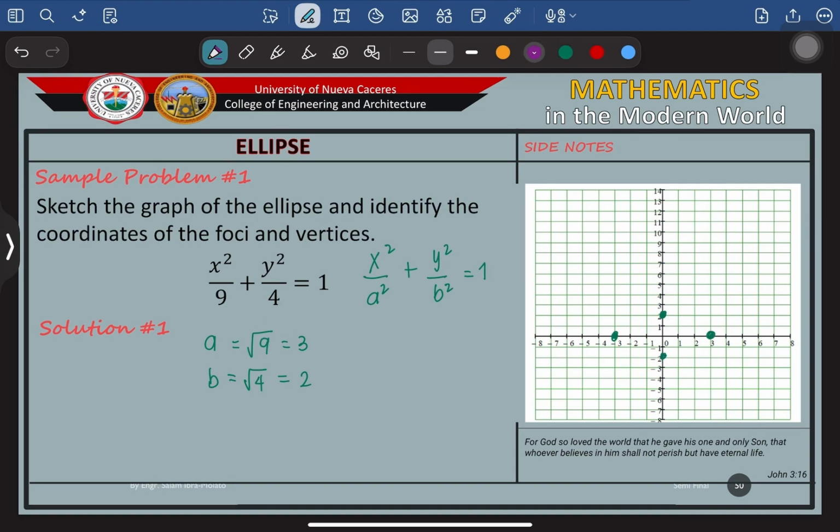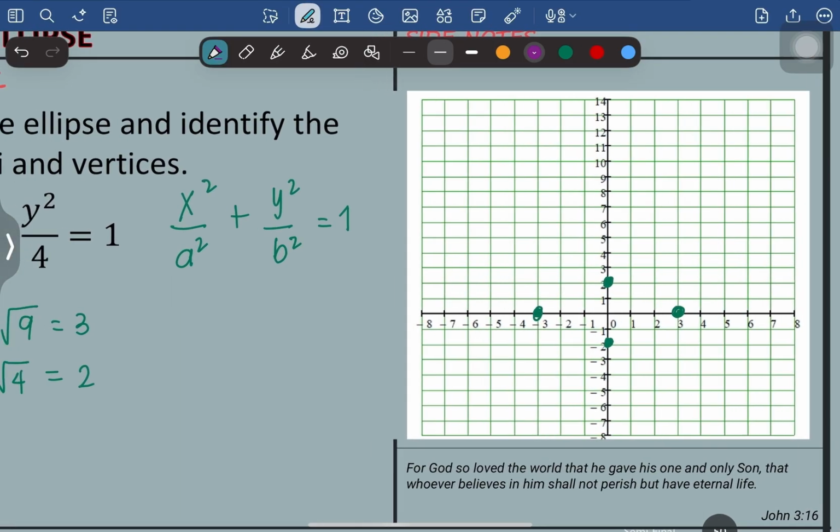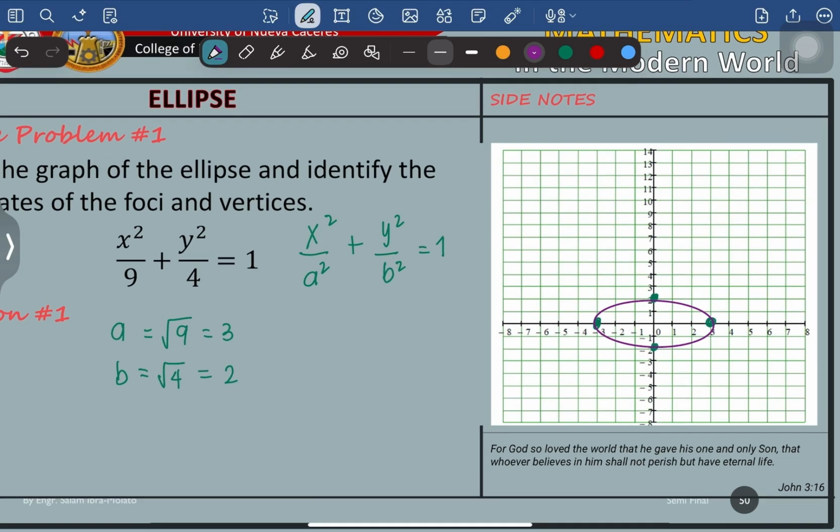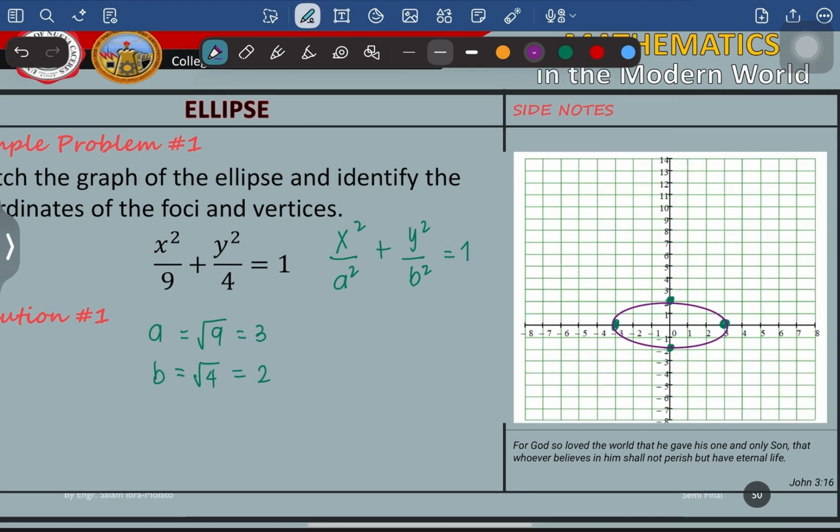So let's connect the vertices of the ellipse. So that's how you sketch it.